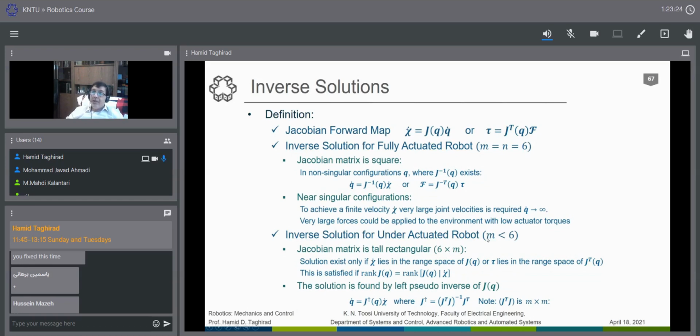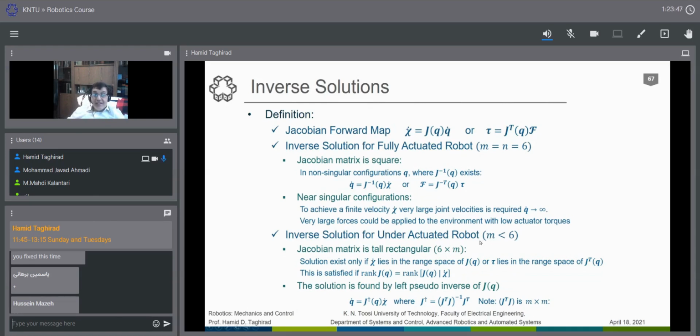Do we have this in nature? Yes, we do, in some particular cases. Of course, in nature, usually we have the other case, redundantly actuated, but this is also available. We can look into nature, especially at insects.